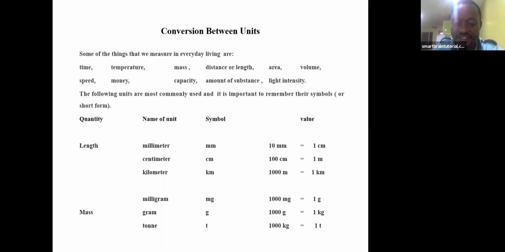The gram is abbreviated as g. We have 1,000 grams is equal to 1 kilogram. Next is the ton. The ton is a very large unit. The abbreviation symbol is T. We have 1,000 kilograms is equal to 1 ton.